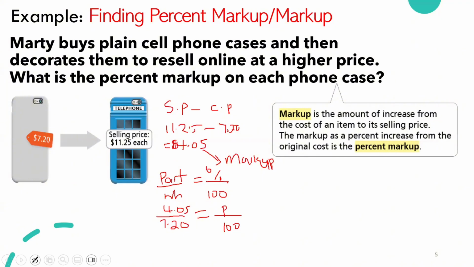Now that we have our proportion, we are going to solve by cross multiplying. We multiply P times $7.20, which equals $7.20 P. And we multiply 100 times $4.05, which is 405.